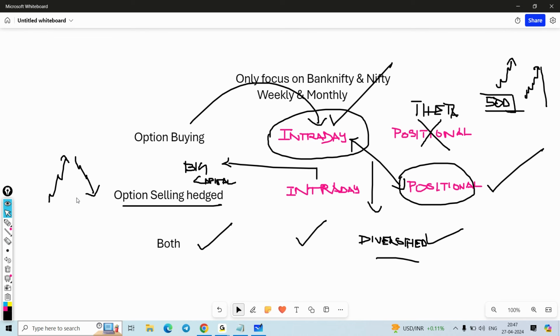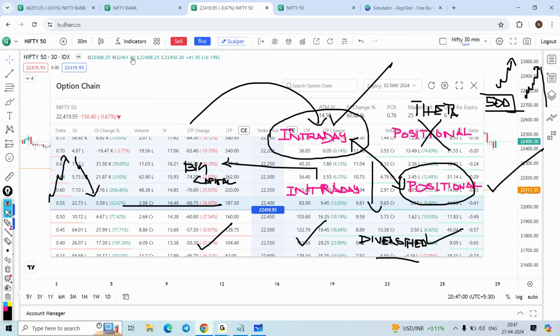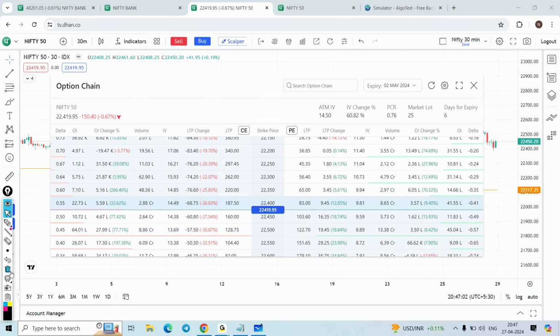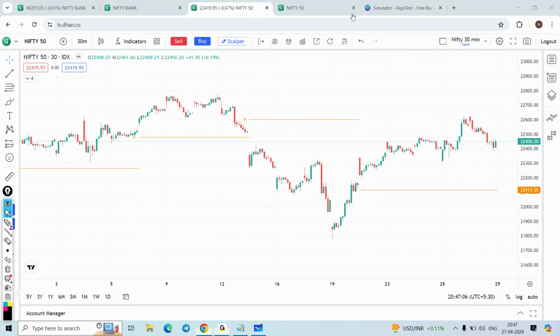You are trying to force yourself. That is where you will start making random trades, trust me, when the market is not giving you the opportunity. How many of you have experienced this?